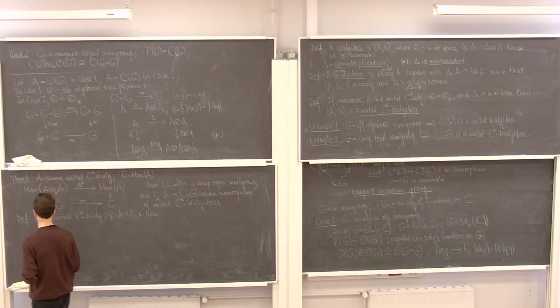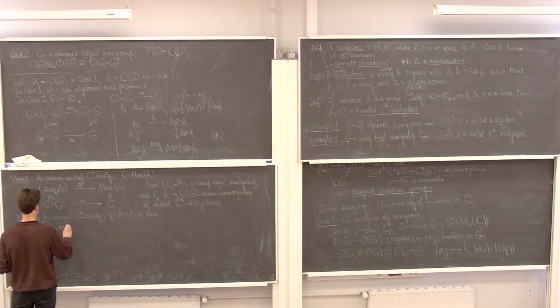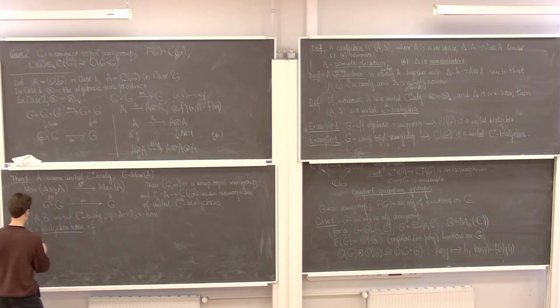We say that phi is a bialgebra homomorphism if the following diagram commutes.